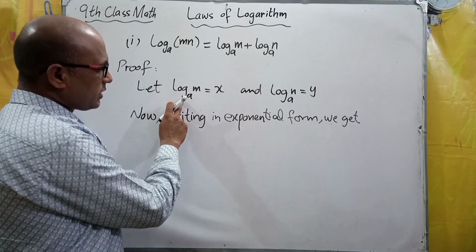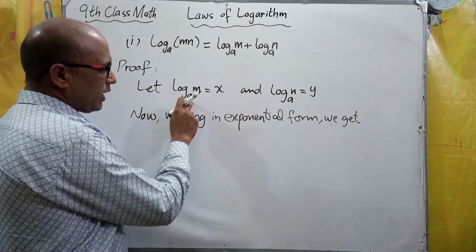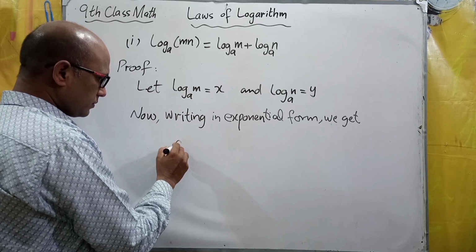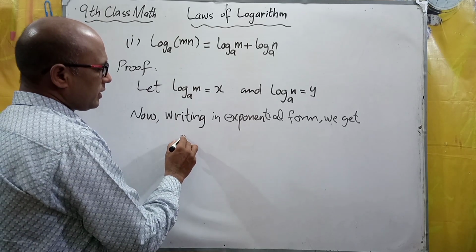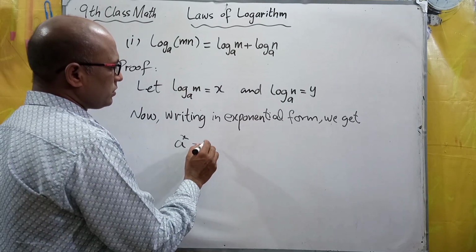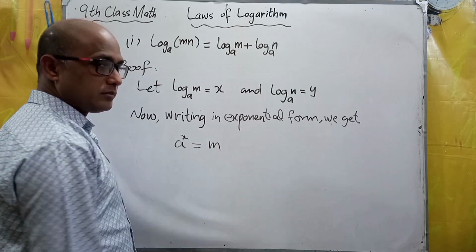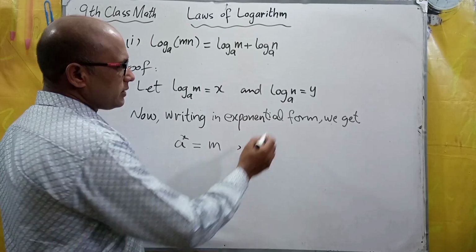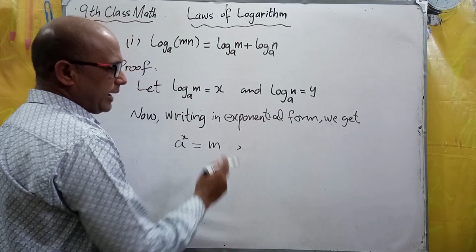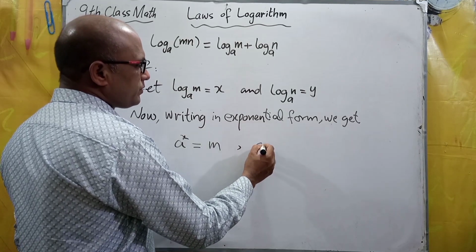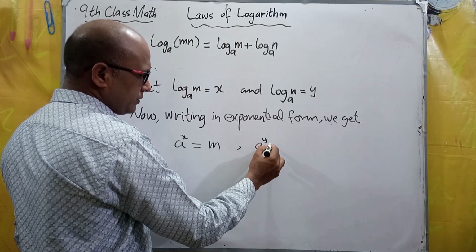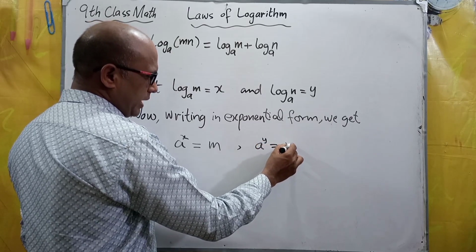The exponential form of log a of m is equal to x would be a power x is equal to m, comma, and writing this in exponential form also, it will become a power y is equal to n.